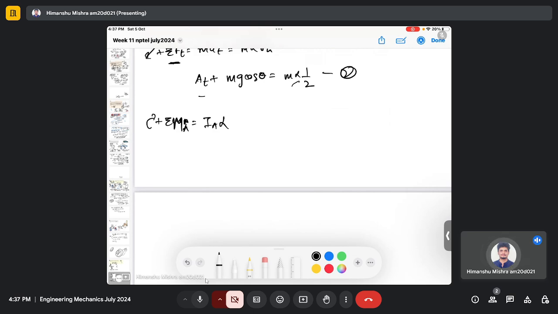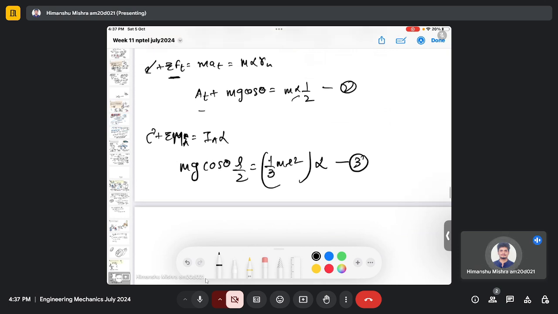Therefore, the summation of moment will not be zero. It is I multiplied by alpha. So the moment due to the weight, mg cos theta times L by 2, equals I, which is 1 by 3 m l square, my moment of inertia, multiplied by alpha. This is equation 3.